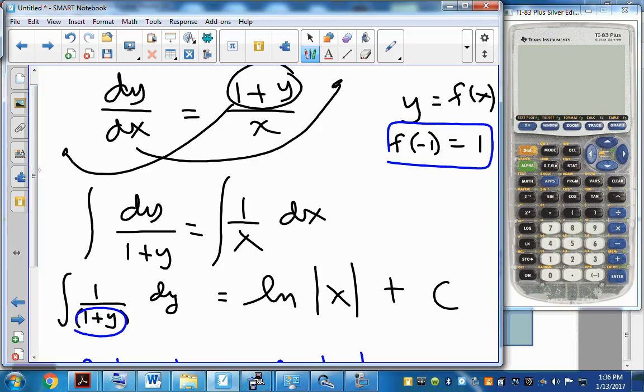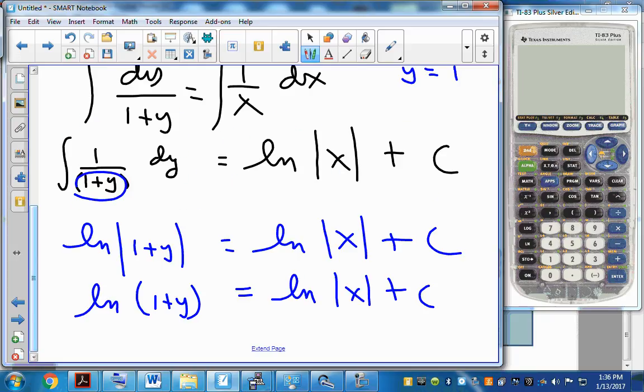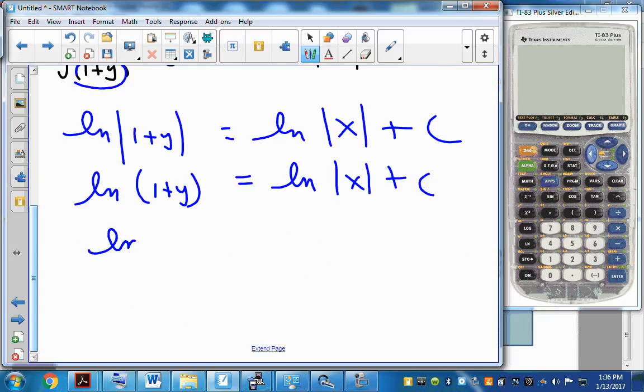Let me try to chase down what c is. We know that if x is -1, y is 1. That's what this says, right? If x is -1, y is 1. So if we put that in here, what do we get? We get the natural log of 2 is, right, because we're putting -1 in here, so that's the natural log absolute value of -1, which is the natural log of 1, which is 0.